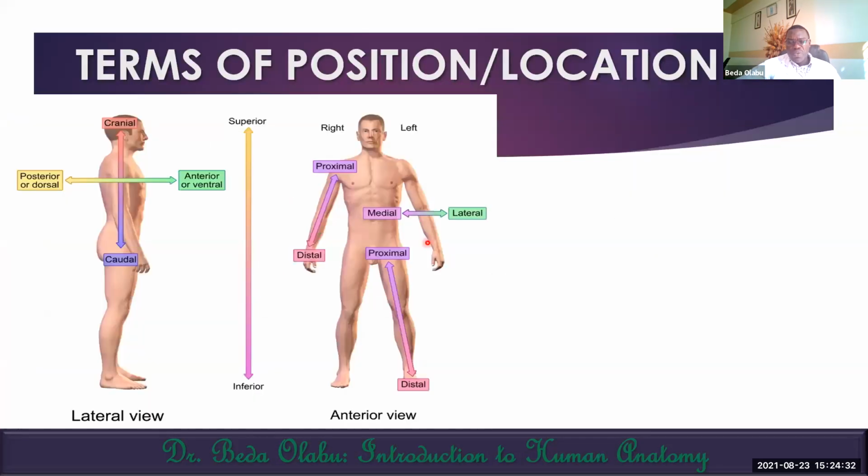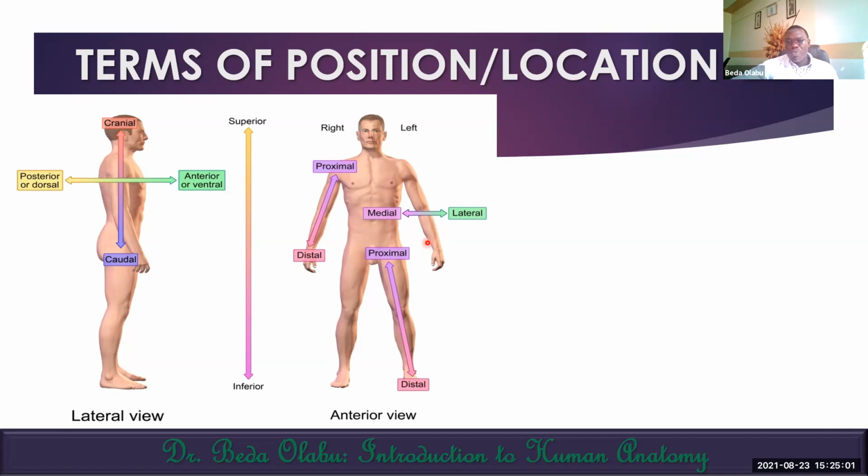Before I take you through these terms, I want you to understand that the terms of position are relational terms. This is to mean that we use them when we are comparing with another thing. You don't just say that the phone is in front, but we say the phone is in front of the hand.